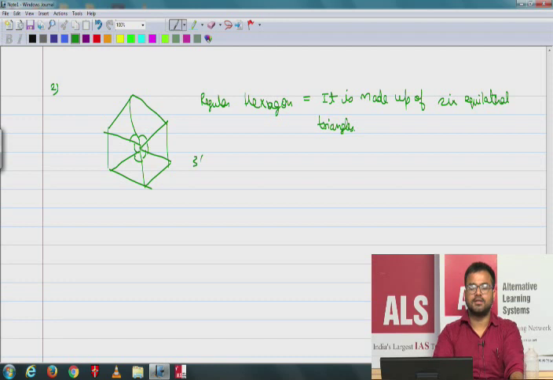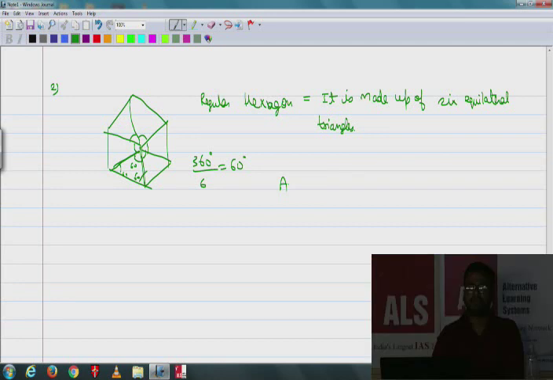So the central angle of 360 degrees divided into 6 parts is going to be 60 degrees each. And if this is 60 degrees, these two sides are equal. Since it is a regular hexagon, the base angles will also be 60 degrees. Therefore, since all the angles are 60 degrees, it forms an equilateral triangle. And there are 6 equilateral triangles.